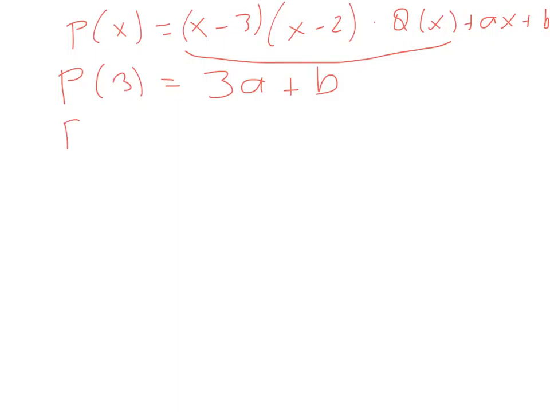And P(2) similarly is equal to, again, this expression will be completely gone because 2 minus 2 is 0, 0 times Q(x) is 0, equals 2a + b.